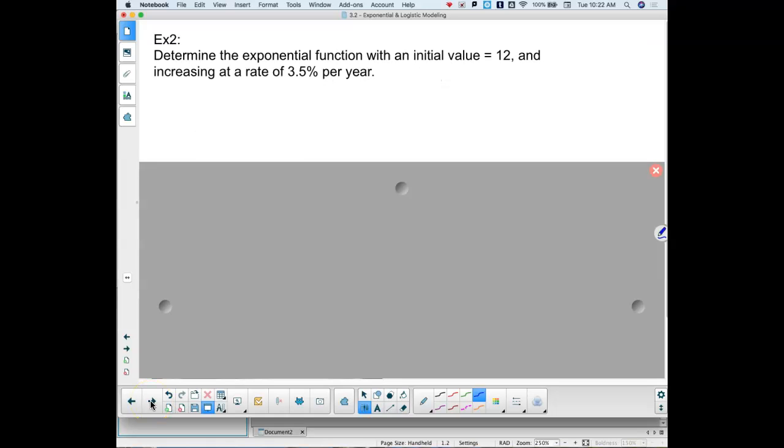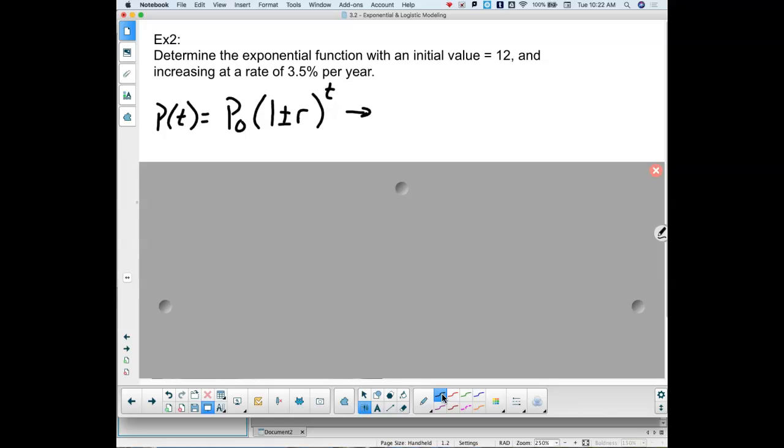Determine the exponential function with an initial value of 12 and increasing at a rate of 3.5% per year. So, we want that in P of t equals P sub 0 times 1 plus or minus r to the t power form. That's our equation.